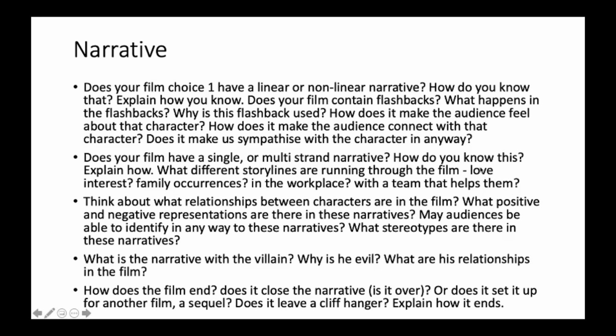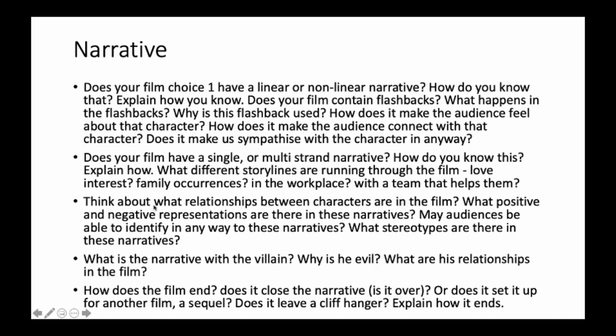The main character might have a love interest. We might see some dispute and conflict within the character's family. We might see him in the workplace. We might see him as a part of a team that helps him. It's just to prompt your ideas, and I want you to discuss and tell me about some of the different storylines and narrative strands that there may be within your film.